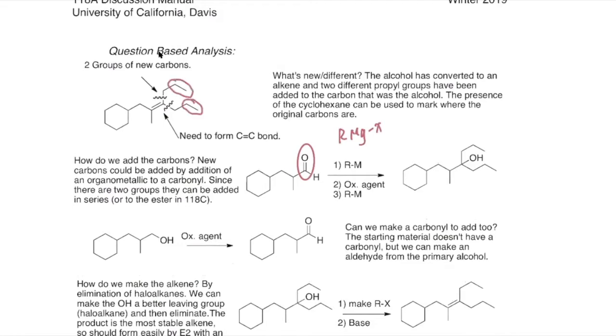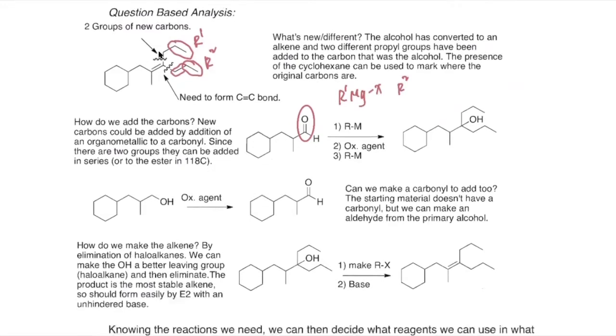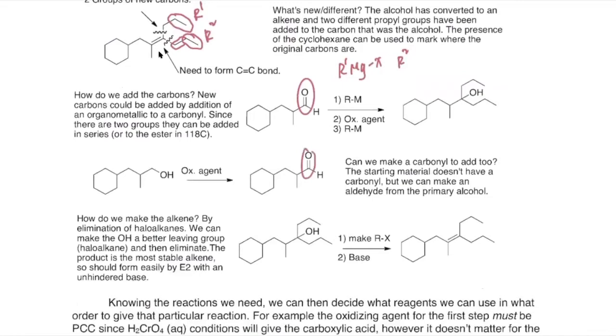So there are R1 and R2. R1 is this one, R2 is this one. So I know these two extra R groups are added through the Grignard reagents, and I just need a carbonyl. And it's easy to get a carbonyl because I have a hydroxyl group. So I just need to oxidize that. But that's kind of the way you think.